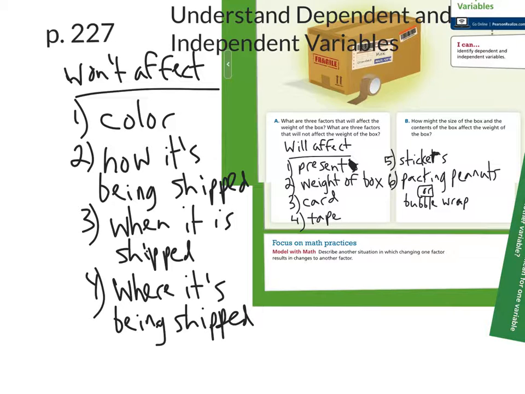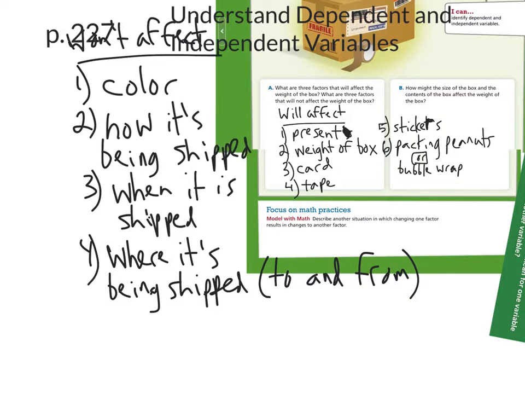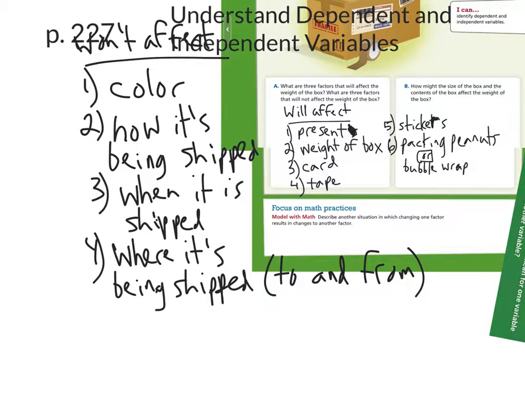Where it's being shipped, we could say to and from, just to condense that down. Another thing not affecting the weight would be the cost. The cost to ship it.